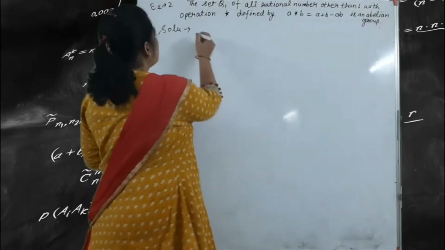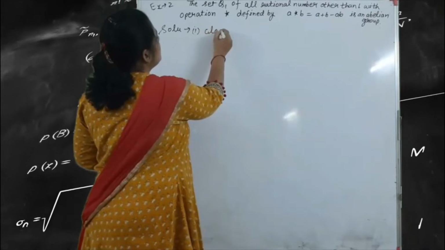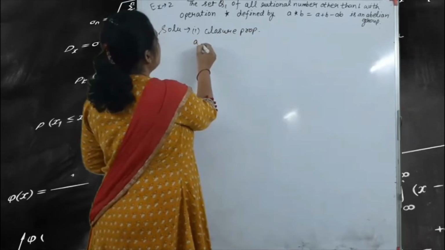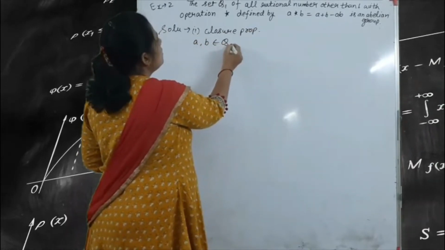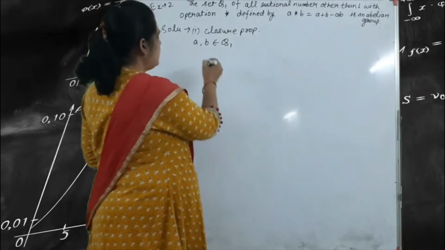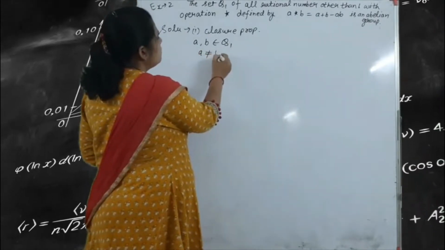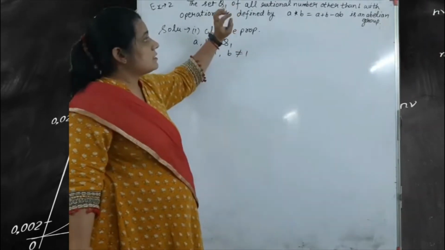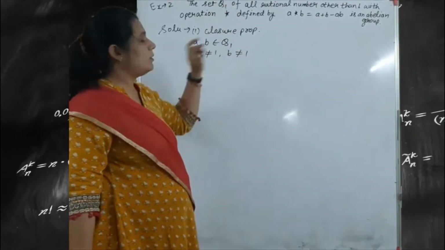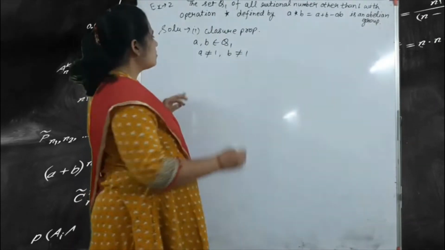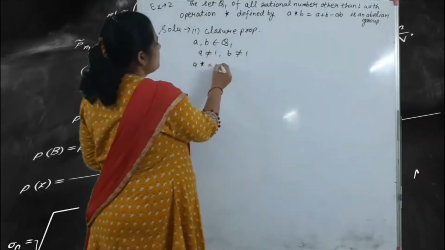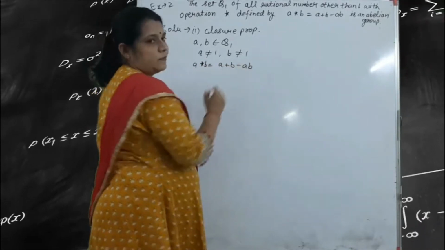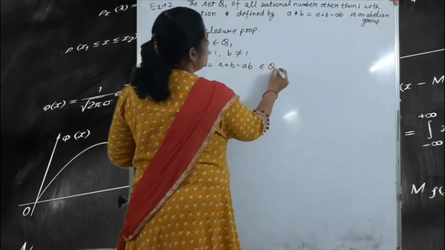First one is the closure property. If A, comma B belongs to Q1, that means A not equal to 1 and B not equal to 1, because here we consider elements other than 1 in the set Q1. Then A star B is equal to A plus B minus AB, which belongs to Q1.